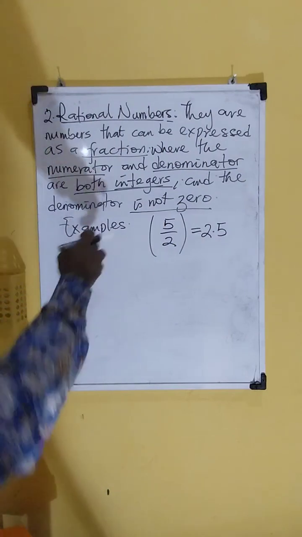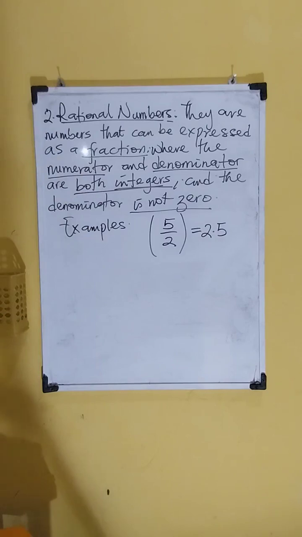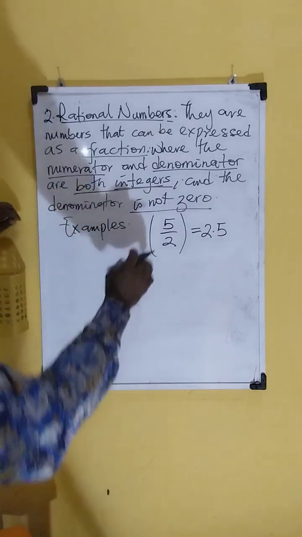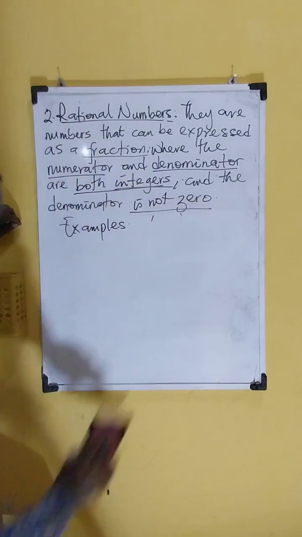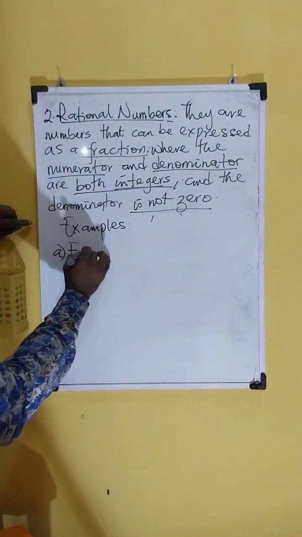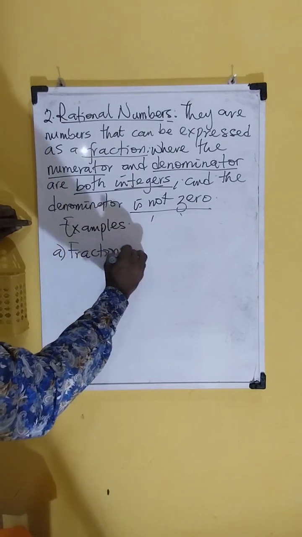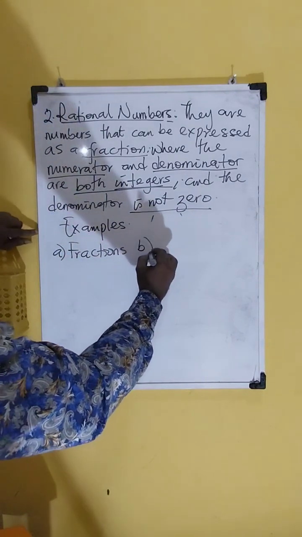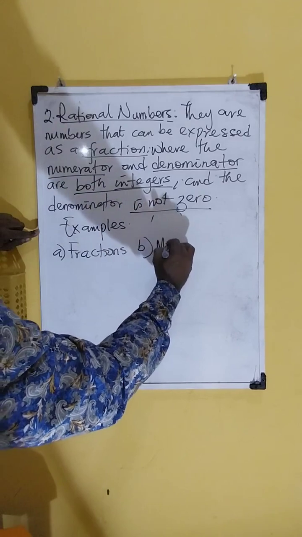So another example of a rational number is decimal numbers. Examples of rational numbers: A, fractions; B, mixed numbers.